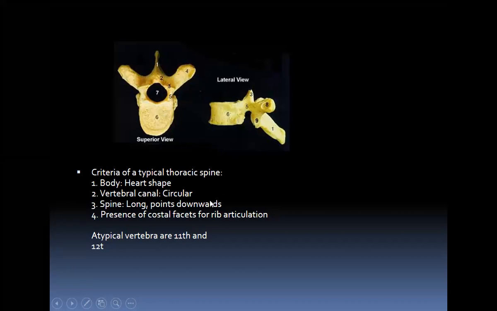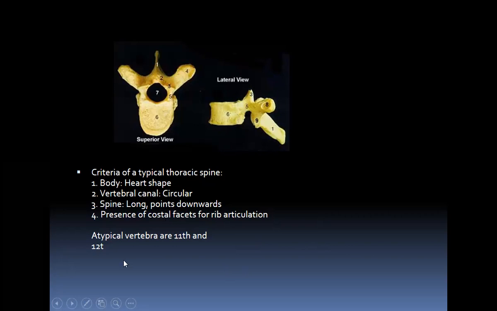Then we have the presence of costal facets for the ribs. For the ribs to get attached, you can see here there are small costal facets. These are where the rib is attached. Costa means, as we said before, rib. So it is attached here. There will be markings at the sides where this will be attached.